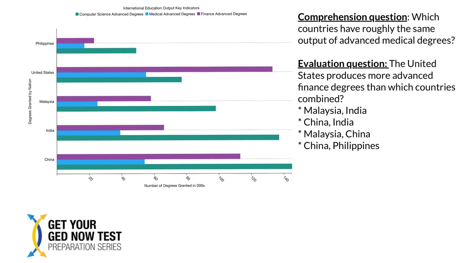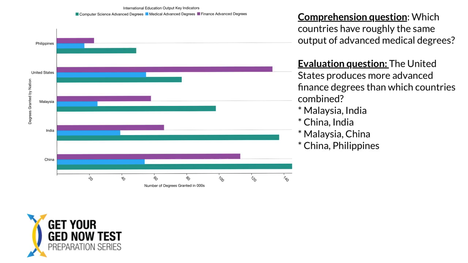So which countries have roughly the same output of advanced medical degrees? So you go to blue, medical degrees. Well, that's different than that one, and that's different than that one, and that's different than these other ones. But these two are roughly the same, the US and China. So the answer to that question would be the US and China. They have roughly the same output. So you see how that's comprehension. You can directly find that answer by simply viewing.